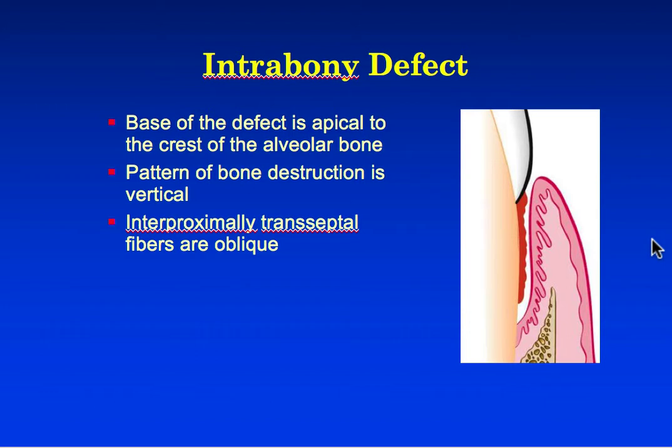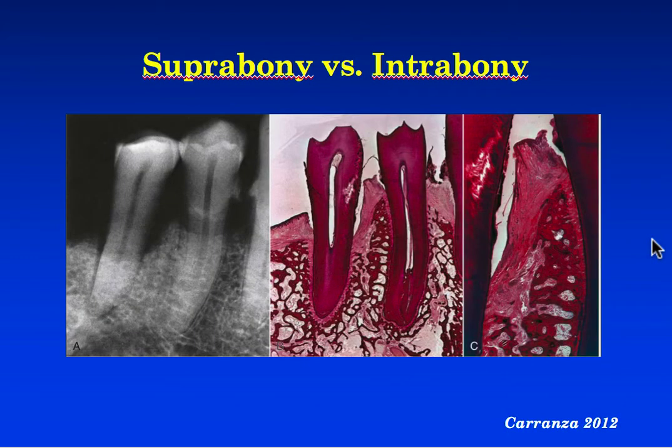We're going to next look at a radiograph of a mandibular canine and premolar area, and we're going to compare and contrast a suprabony to an intrabony defect. Here in this radiograph of the mandibular teeth, we can see these two distinct processes occurring.